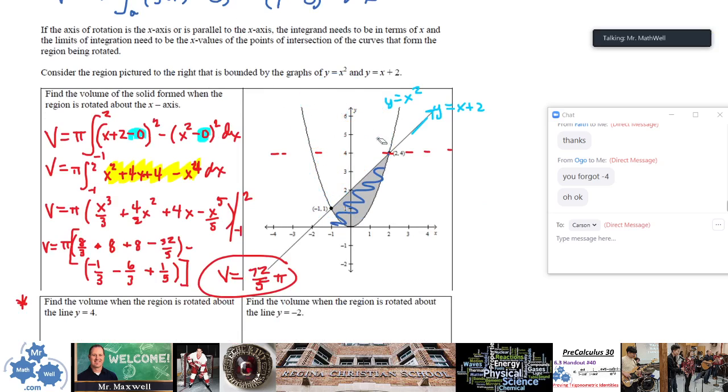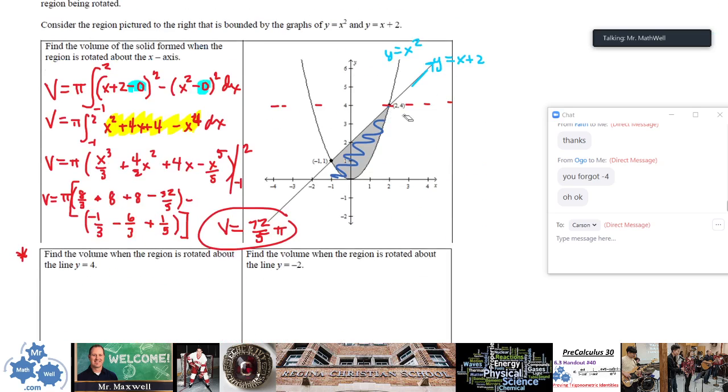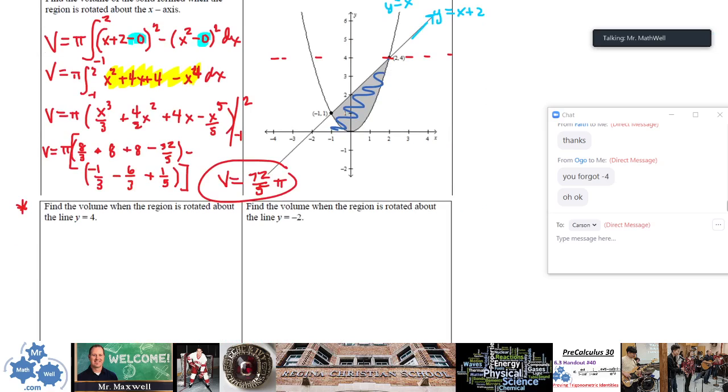So what we want to do is use our format. V equals pi times the integral from, I guess we're still at -1 to 2, because those are the intersection points still. And then we want to do this.